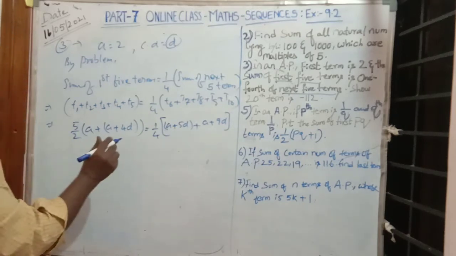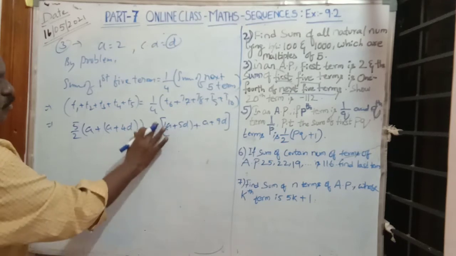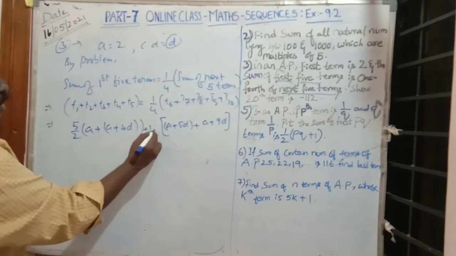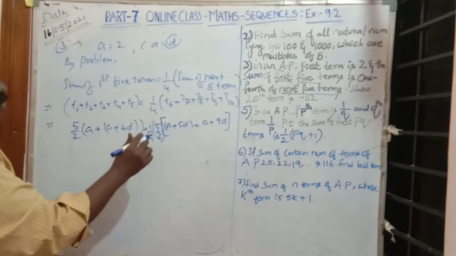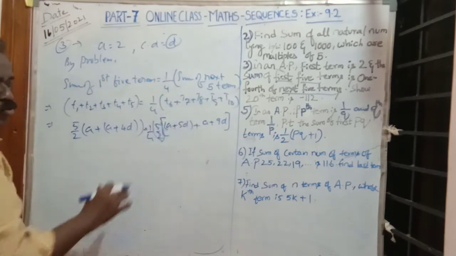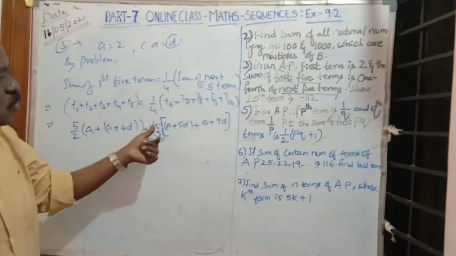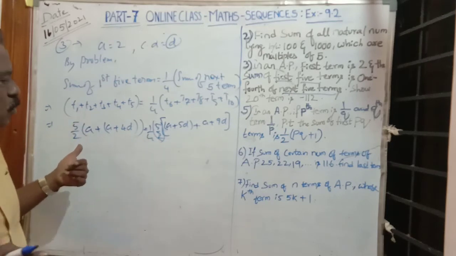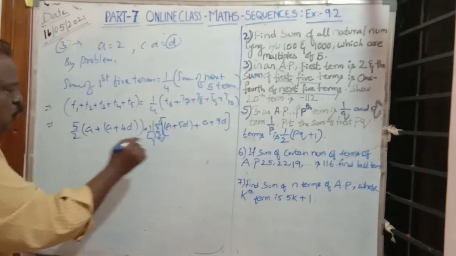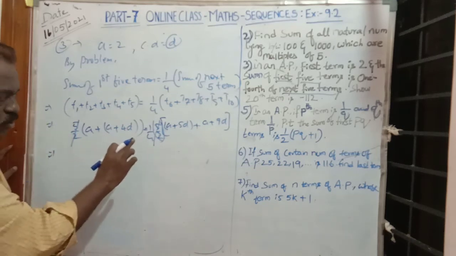Here also n by 2 is there, which I forgot to write. Here also n by 2 is 5 by 2, because here also there are 5 terms beginning with T6. So n by 2 and n by 2 cancel, 5 by 2 and 5 by 2.